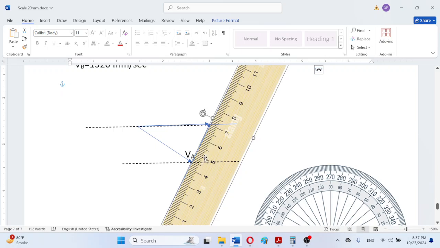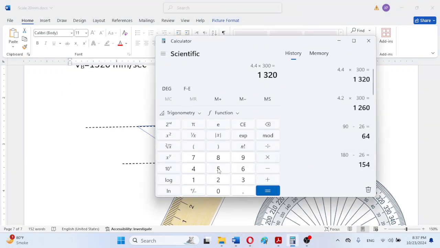So 1 centimeter, 2 centimeter, 2.1, 2, 3, 4, 5, and I can observe that it is 2.6. So 2.6 multiplied by 300 comes out to be 780.